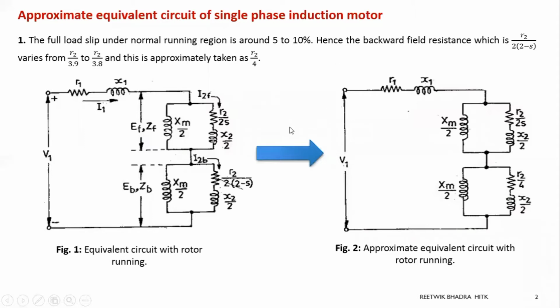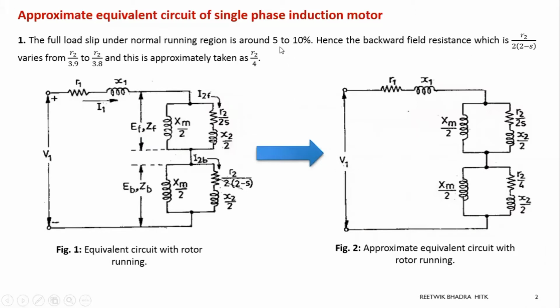Okay, so what is happening? This is the equivalent circuit when the motor is running. Under the normal operation region, at full load, the slip is very low, around 5 to 10%. So if you calculate the backward field resistance, how will it be affected?